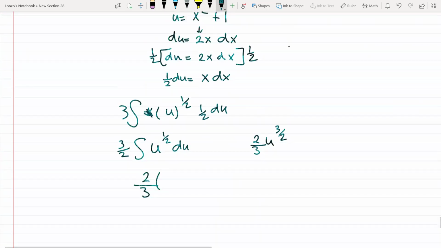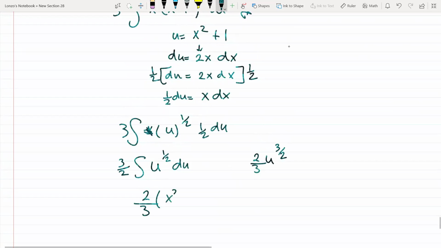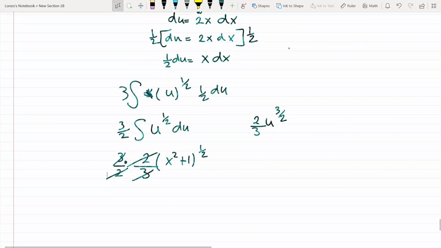Our u is x squared plus 1 to the 3/2. And then you still have this 3/2. And then I guess the 2's and 3's cancel. Whoops, this should be a 3/2.